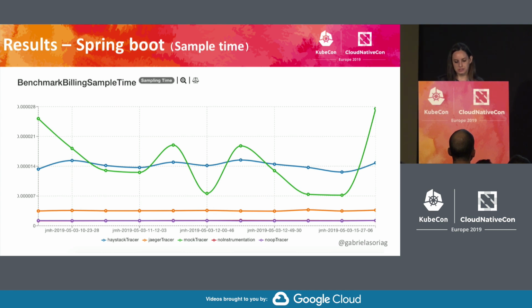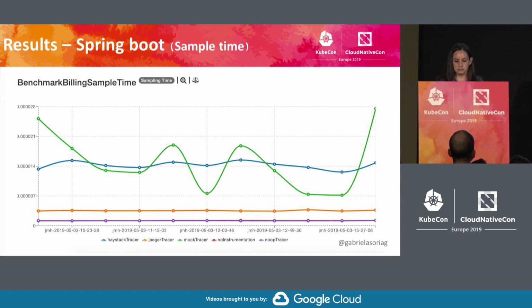Here we can see the results for the Spring Boot application containing a billing process. The application is initialized in each test iteration, and using profiles, the right tracer is injected.